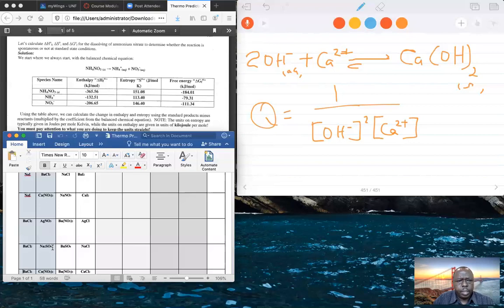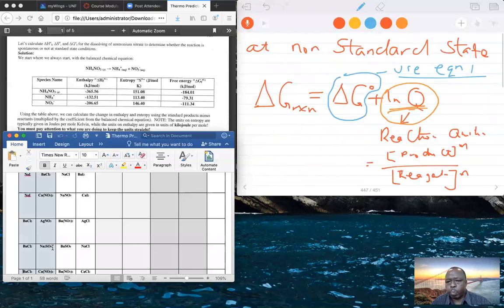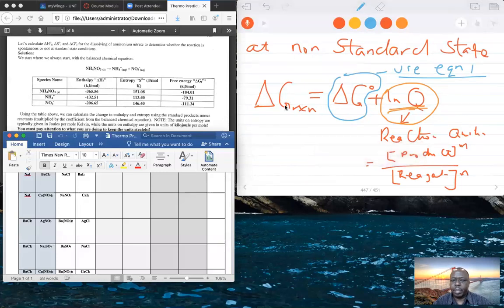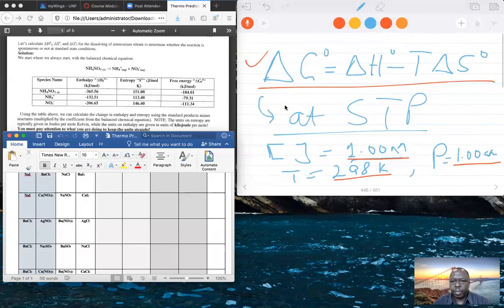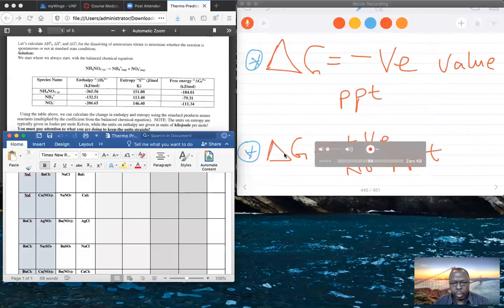All right. So with that, any question, have you understood this equation? I was just trying to explain this equation in order to say, for the overall value of delta G at non-standard state, is it positive or negative? If it is positive, then no precipitate will take place.